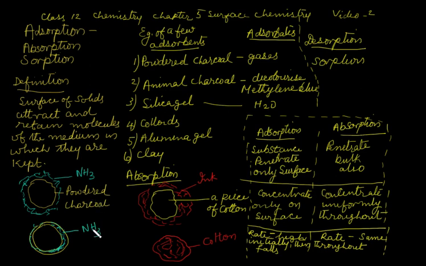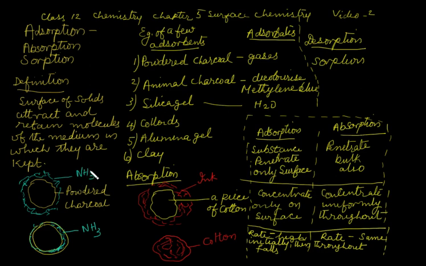Now, ammonia is not of this color. I have only used this color to show you where exactly ammonia is expected to be present. This process is adsorption of ammonia on the surface of the piece of charcoal.